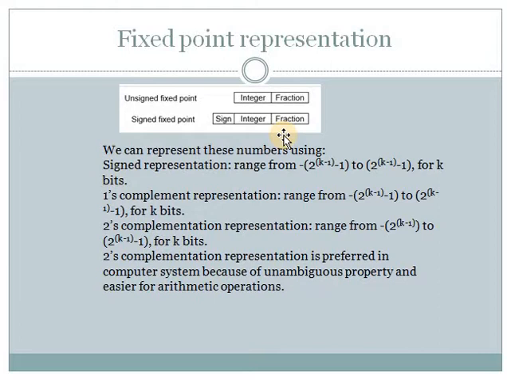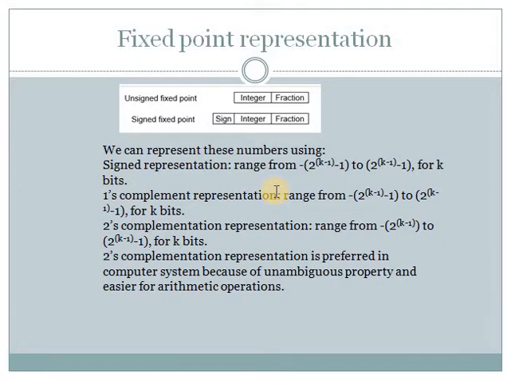We can represent these numbers using signed representation ranging from minus 2 power (k minus 1) to 2 power (k minus 1) minus 1 for k bits. That is, what is the value for k? Based on that it will represent the signed representation.